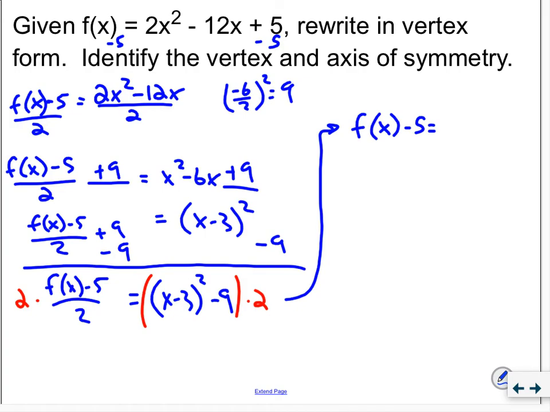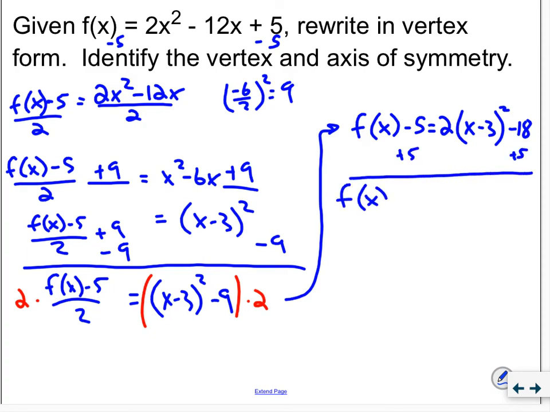So those are red parentheses around it. So that's going to equal 2 times the square of x minus 3, and 9 times 2 is 18. And now I'll add 5 to both sides, and the 5 gets added to the 18. So I get f of x equals 2 times the square of x minus 3, minus 13.